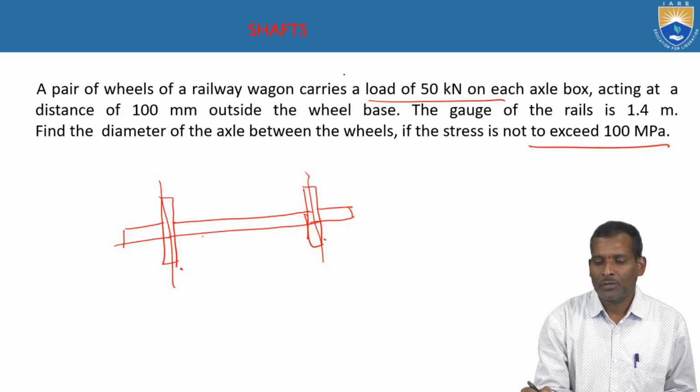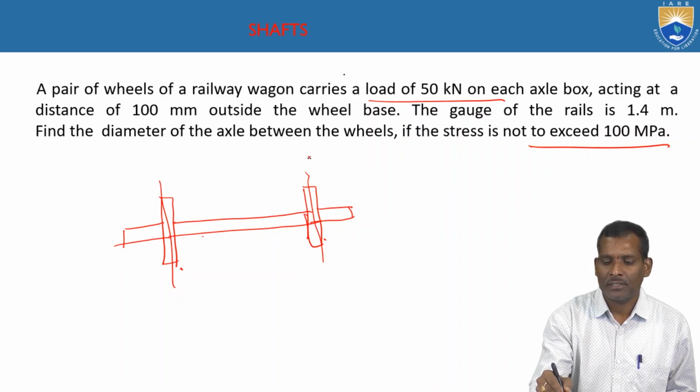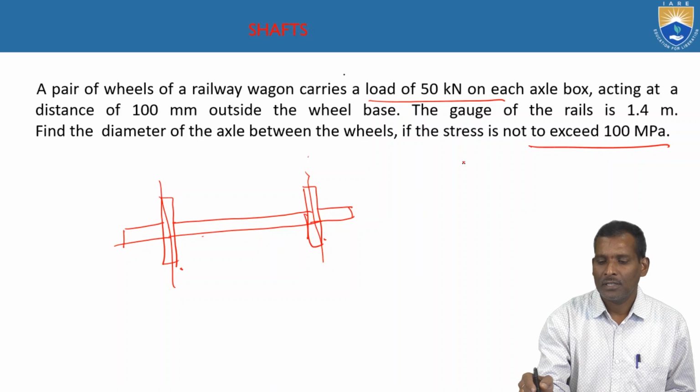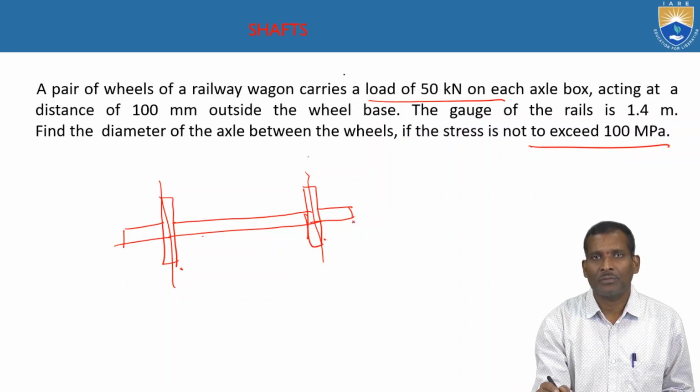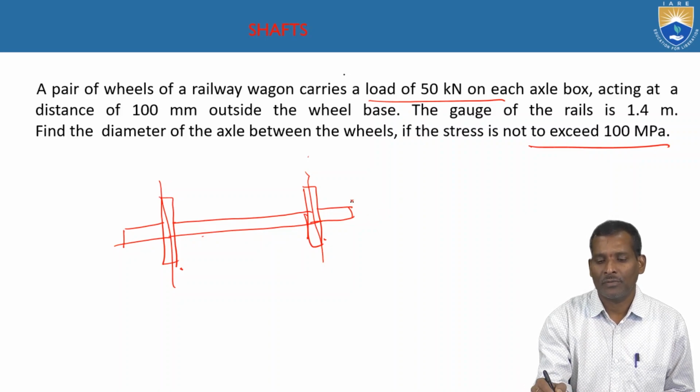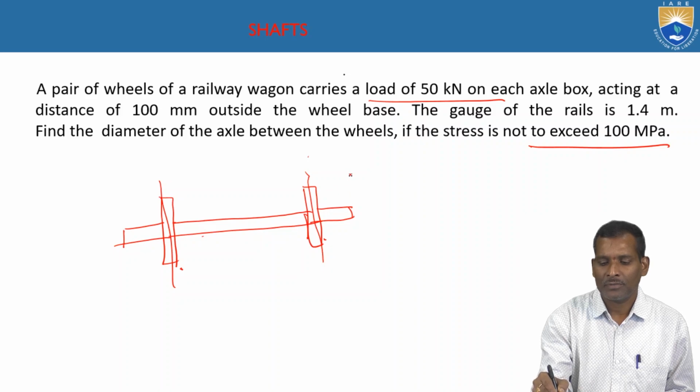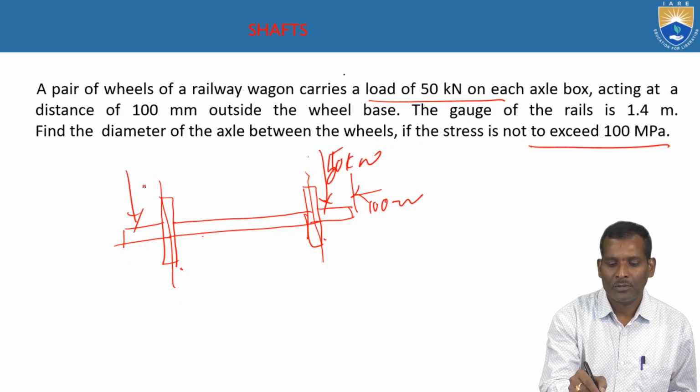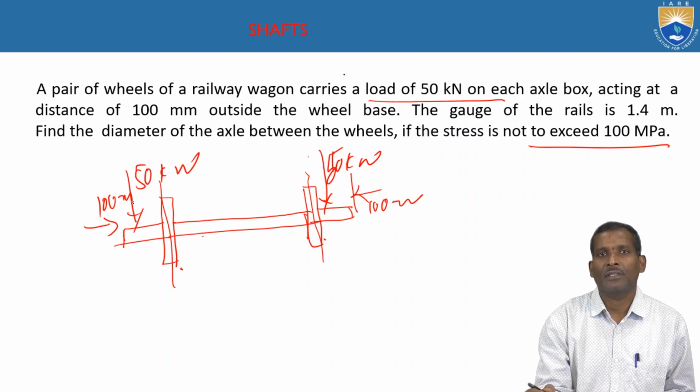It carries a load of 50 kilonewtons on each axle box, and at each axle box the load of 50 kilonewtons acts at a distance of 100 mm outside the wheelbase. So outside the wheelbase from here 100, 50 kilonewtons. Here also 50 kilonewtons, 100 distance.